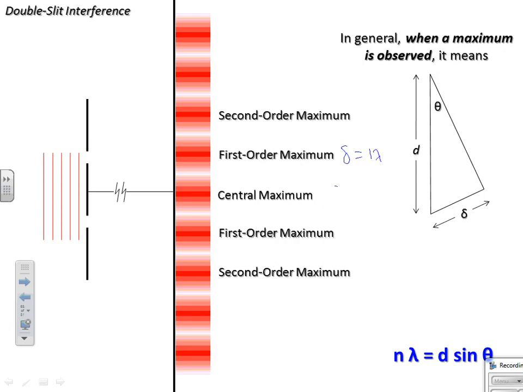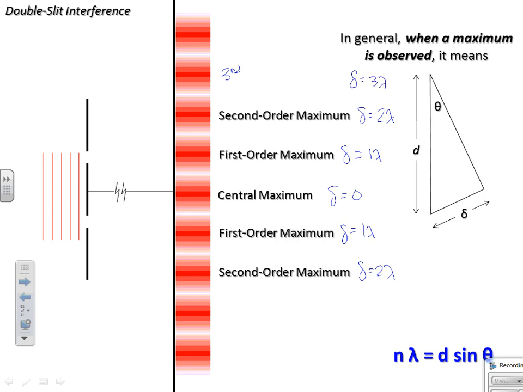Here our path length difference is nothing. Here it's 1 wavelength. Here it's 2 wavelengths. And for the third order maximum, our path length difference is 3 wavelengths, and so on and so on.